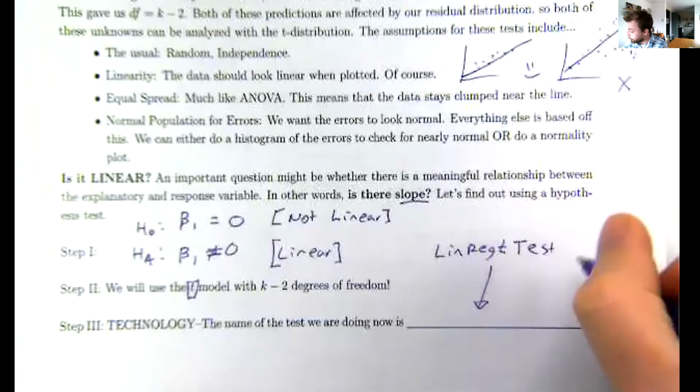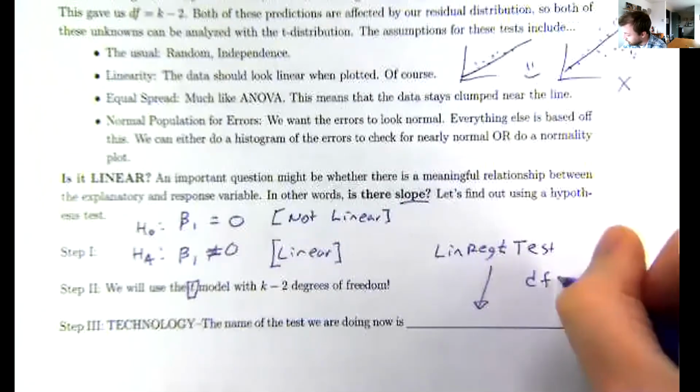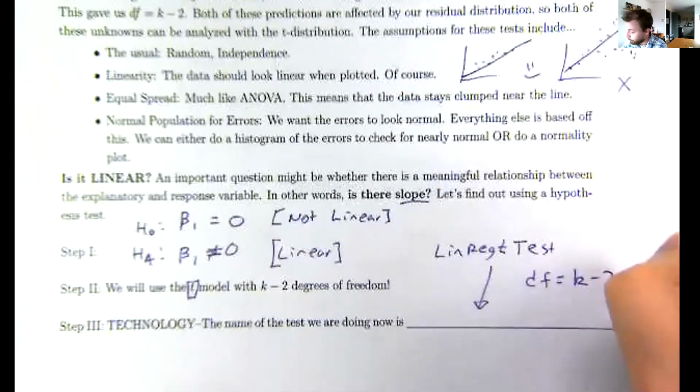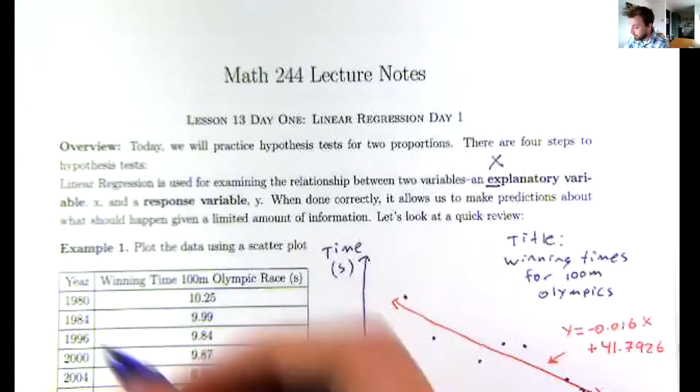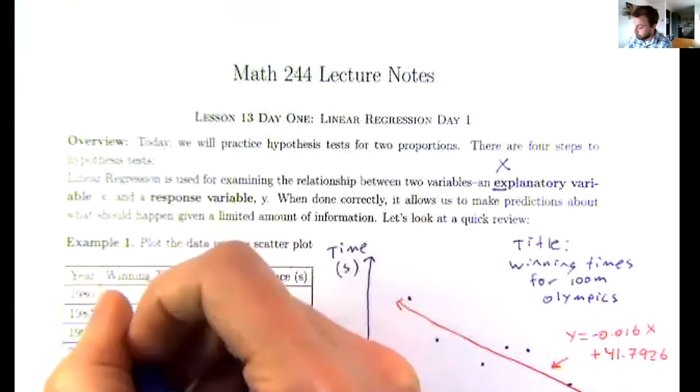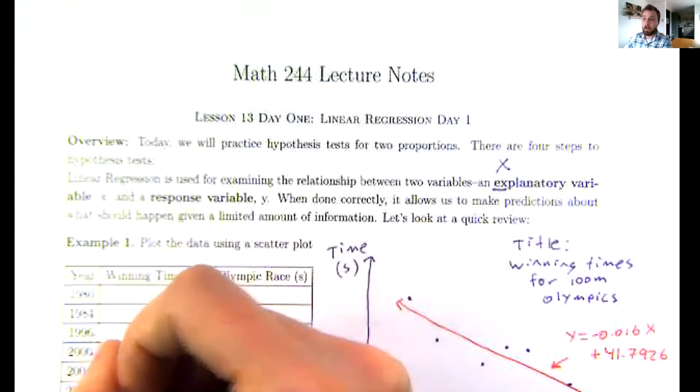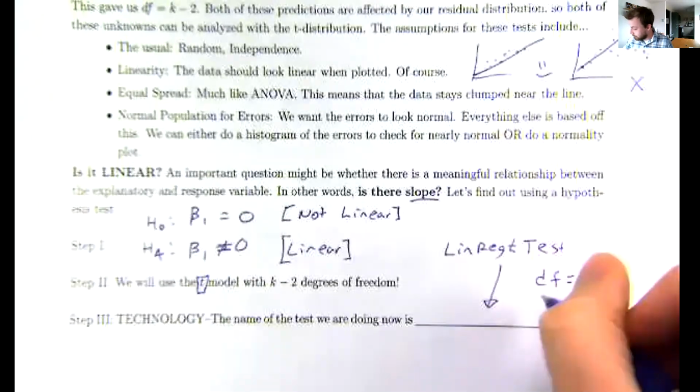My degrees of freedom for this linear regression t-test will be the number of points, take away 2 for the 2 guesses that I've made. So going back to the Olympic data in the very first page here, and there's a lot going on in that first page, I can count that I have 1, 2, 3, 4, 5, 6, 7 points.